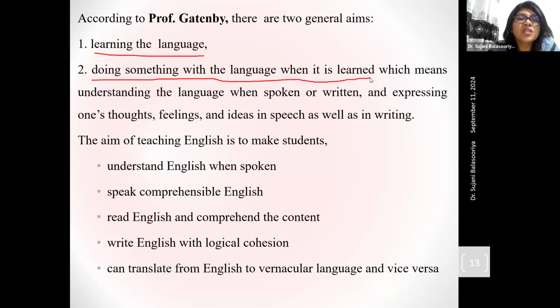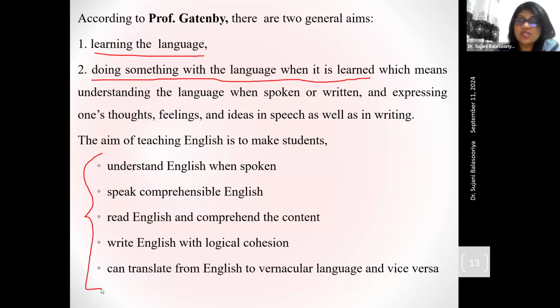Doing something with the language when it is learned means understanding. The aim of teaching English is then to make students understand. So according to these two aims, the aim of English has been elaborated like this. I hope these points are clear to you.